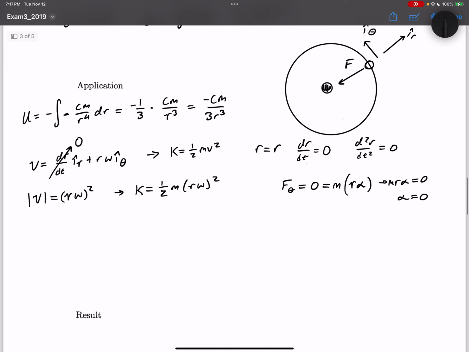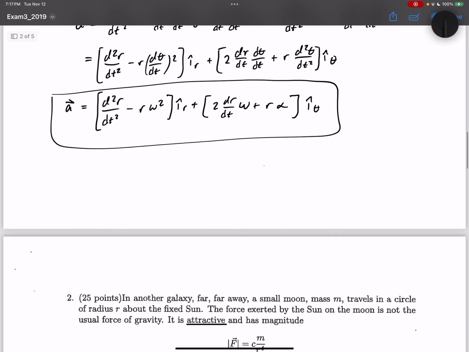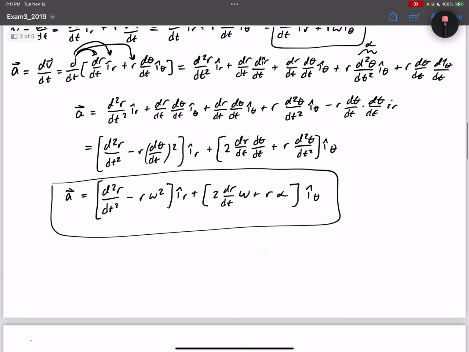So we know alpha is 0, but we can also set the force equal to the radial component of acceleration as well. Again, part of this is going to be 0.